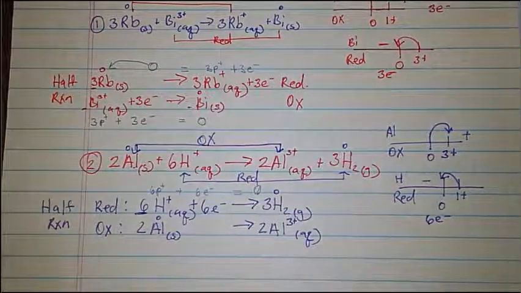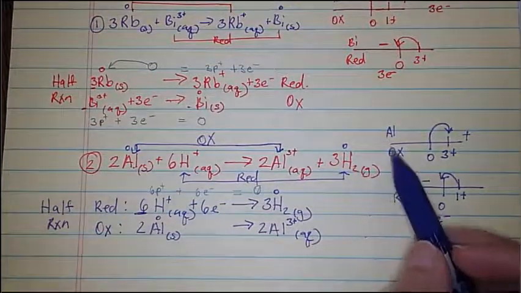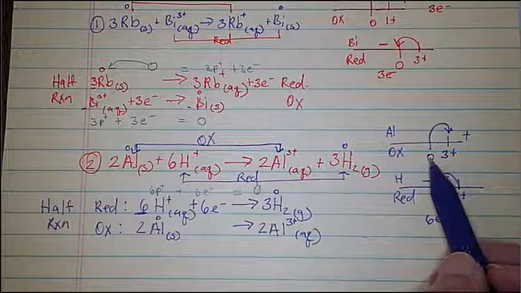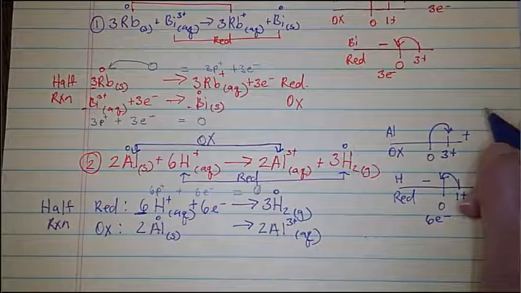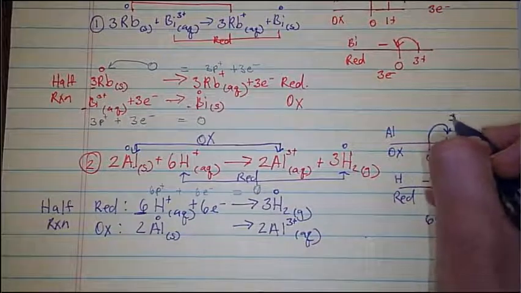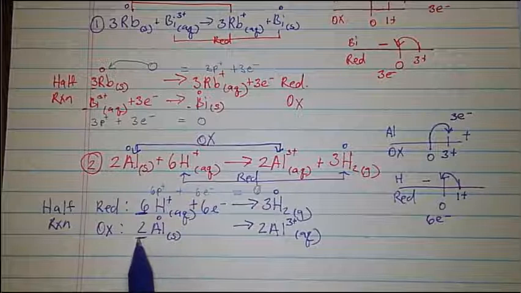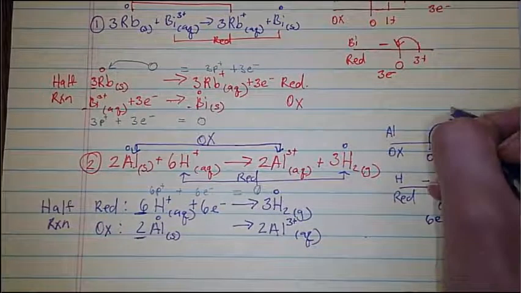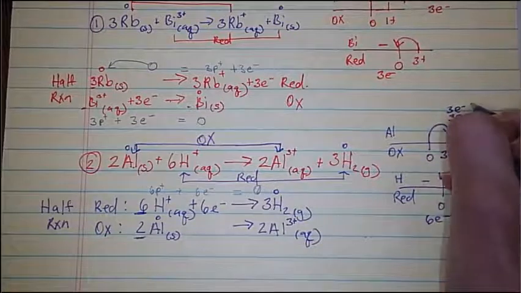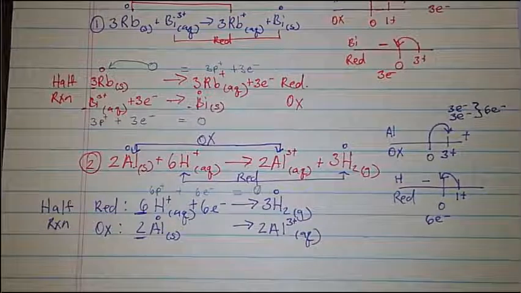Okay. Next one that we have is, if I'm looking at my aluminum goes from a 0 charge to a 3 plus charge. Okay. So each time it loses 3 electrons in this case. But how many times does that happen? That happens 2 times. So if it happens 2 times, that means in total, I am losing a total of 6 electrons. So where do I put it?